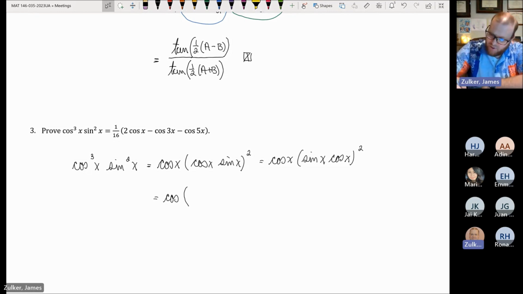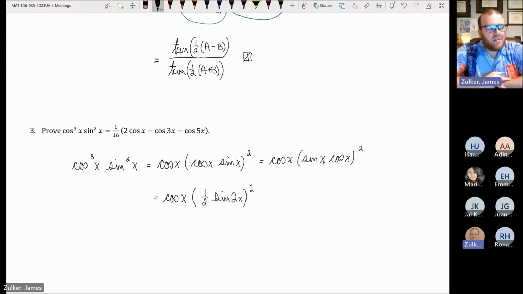But sine times cosine is 1/2 sine of 2x. Right, we now have a quarter cosine of x times sine squared of 2x.